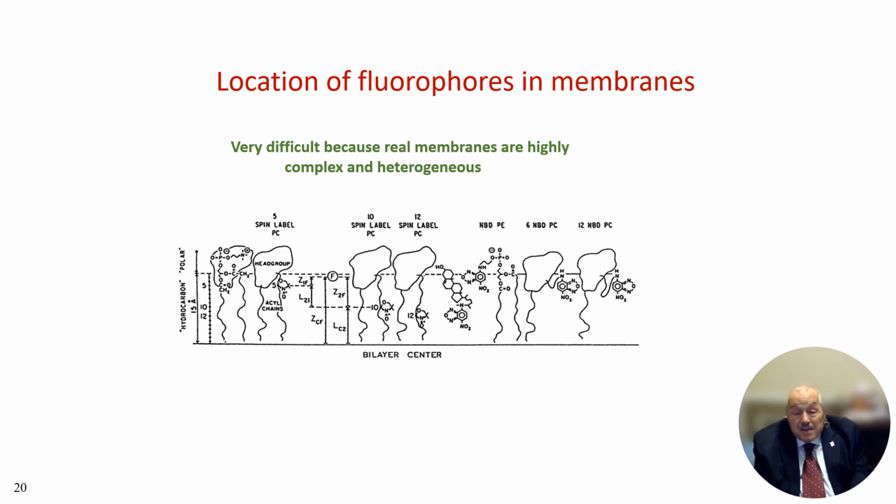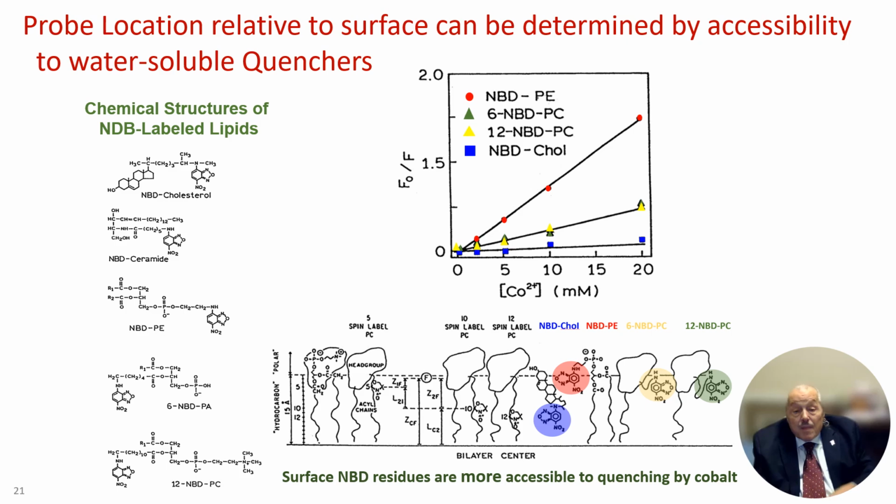But nonetheless, attempts were made to do this. One of the earliest attempts to localize fluorophores in membranes was done using cobalt, which also is a nice quencher of fluorescence. It might be an energy transfer acceptor as well as a heavy atom quencher.